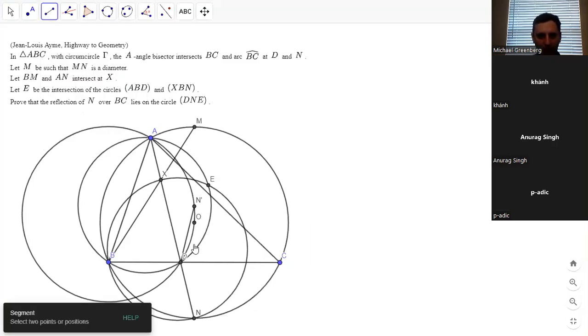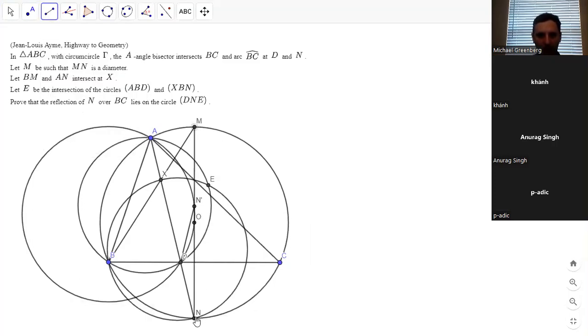Is O collinear with N and N prime? Yes, because N prime is just a reflection of N over BC, and N is the midpoint of arc BC. So those are all going to be collinear.